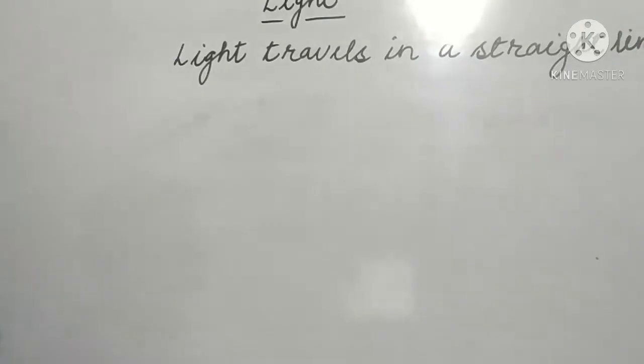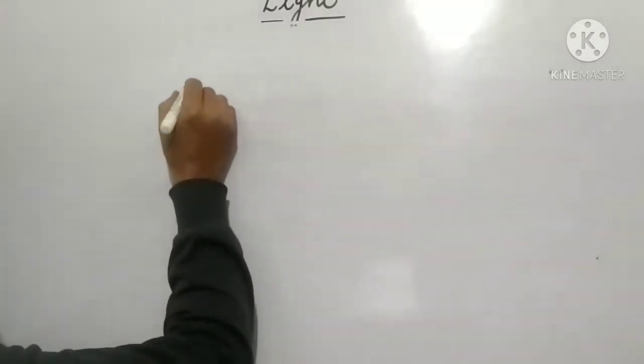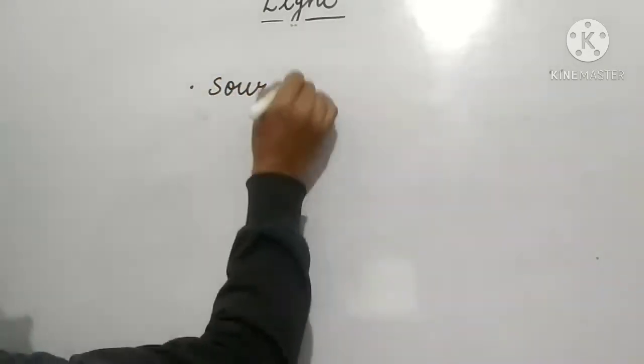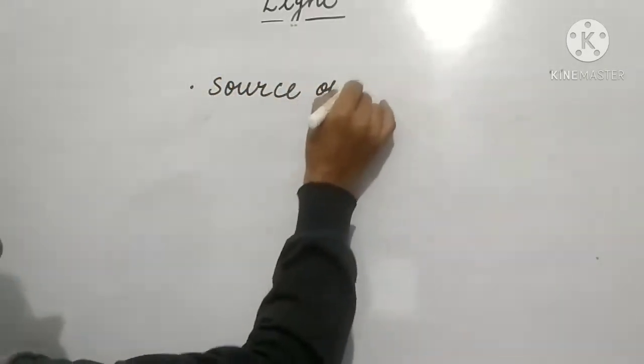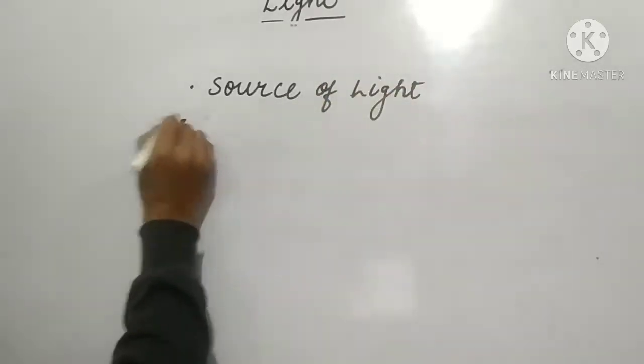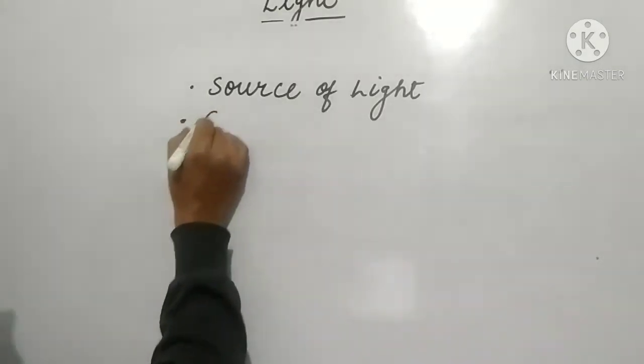Number one, a source of light. Second condition is an opaque object.